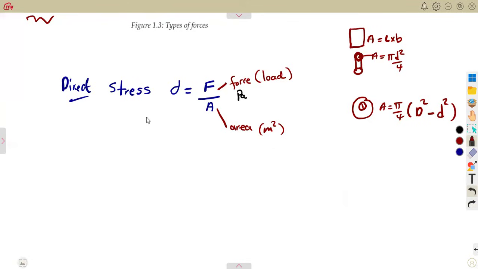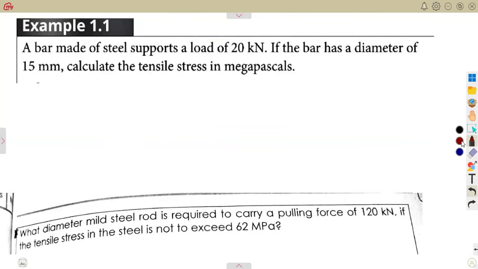Conversions of units, millimeters to meters and so on. Questions will be asked where you need to manipulate the formula or just use the formula directly. Like I said, depending on the type of force that you're given, you can calculate the given stress.